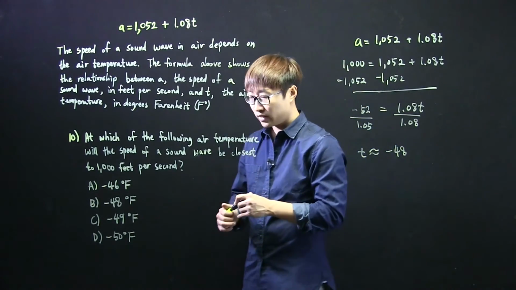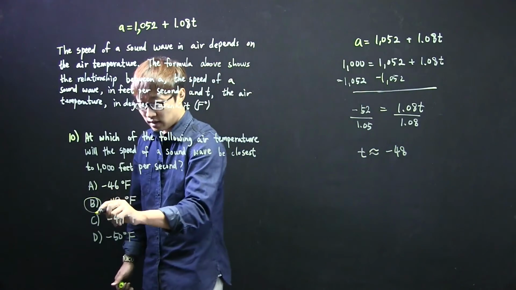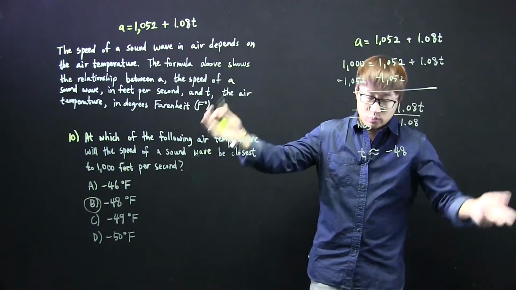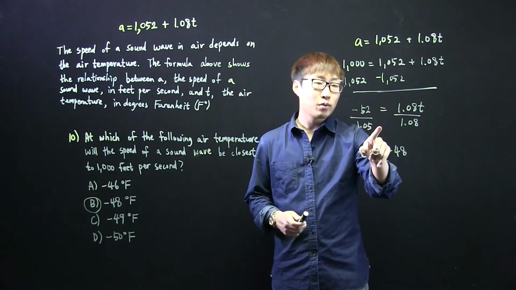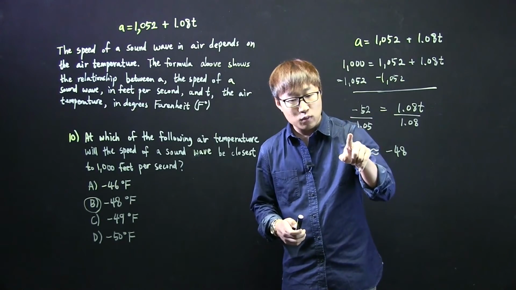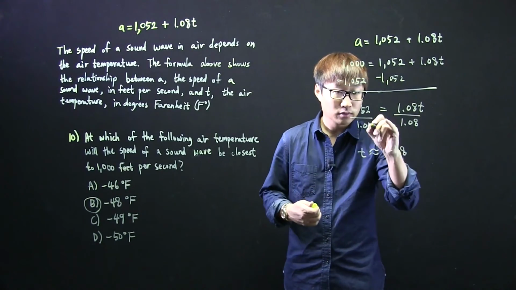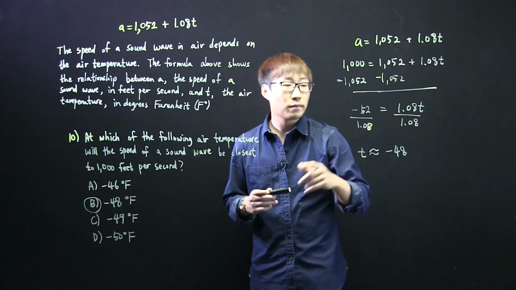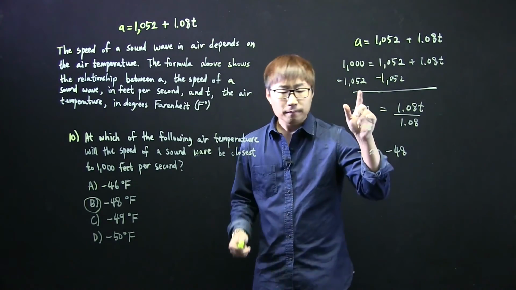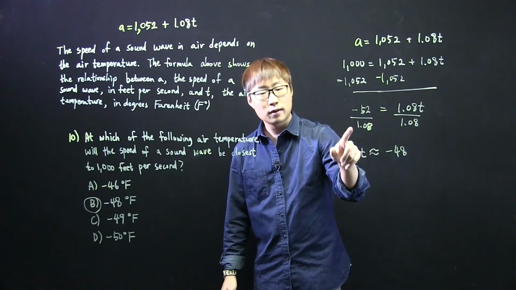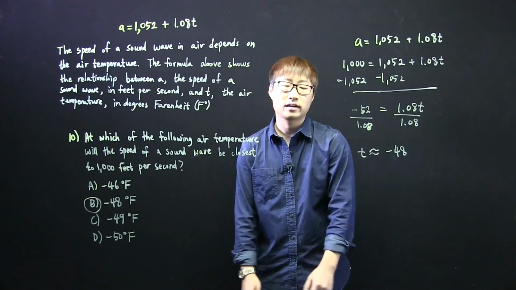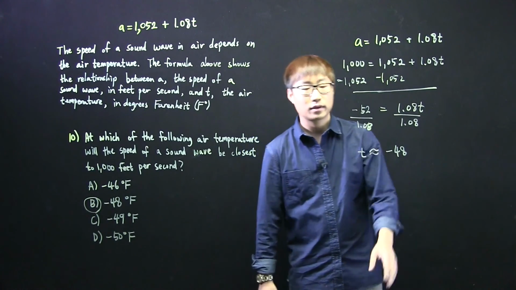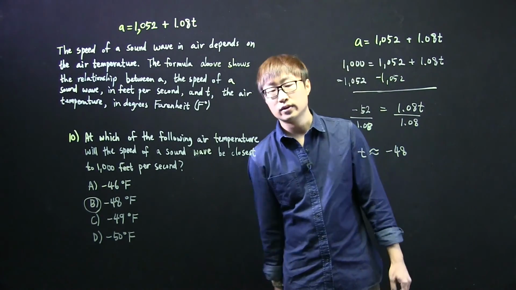So my answer choice, B. Now, I'm more familiar with doing mental math, but at this point, negative 52 divided by 1.08, I'm sorry, I said 1.08 and wrote 1.05. Divided by 1.08. Negative 52 divided by 1.08, just punch it in your calculator, right? Don't try to do it in your head, just punch it in your calculator. But roughly about negative 48, answer choice B.